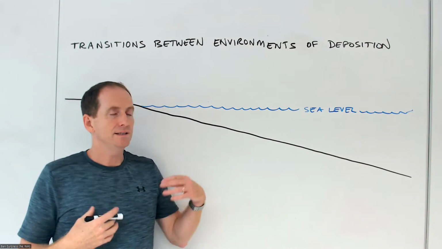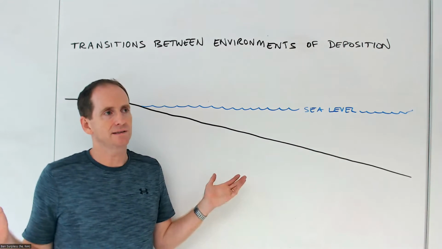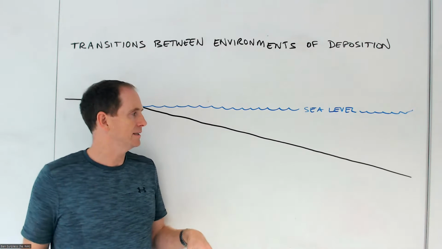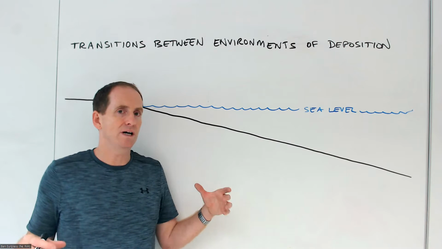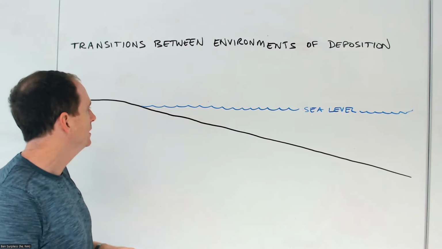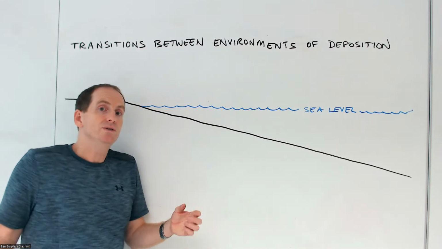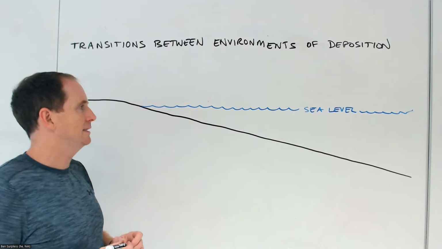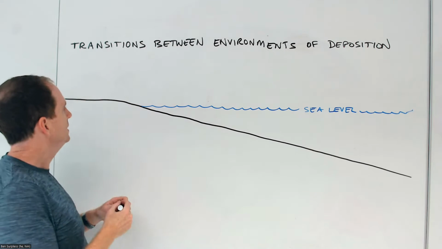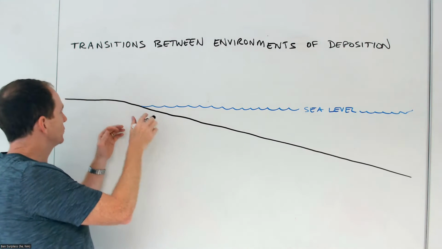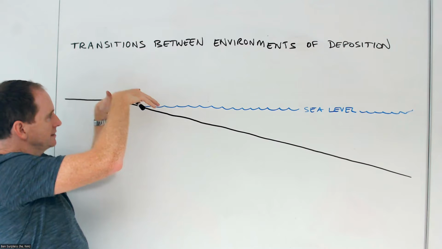And the sequence that I'm going to give you is this ideal sequence that people commonly use when they're talking about how environments change as you move offshore. But it's something you can use to do a simple interpretation of a sequence of rocks. All right, so in general, the closer you are to shore, there's still a lot of energy in the system.